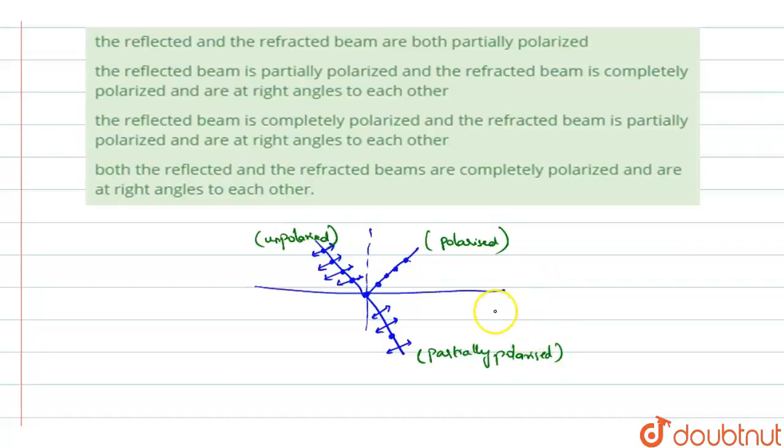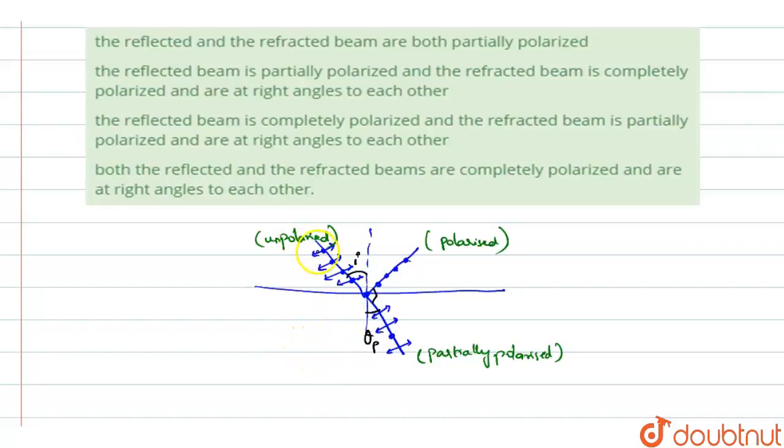In Brewster's law, one more condition is, if i is the angle of incidence, this will be equal to theta p, the polarizing angle or Brewster angle, when the reflected and refracted rays are mutually perpendicular to each other.